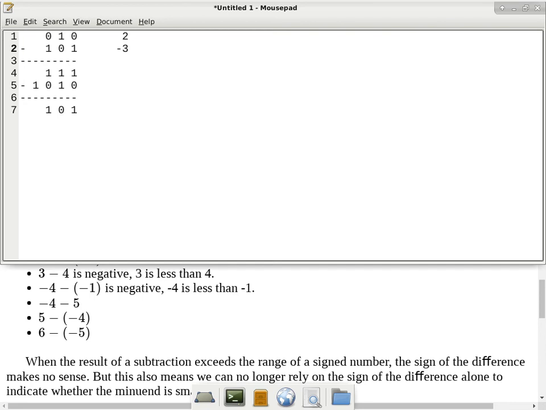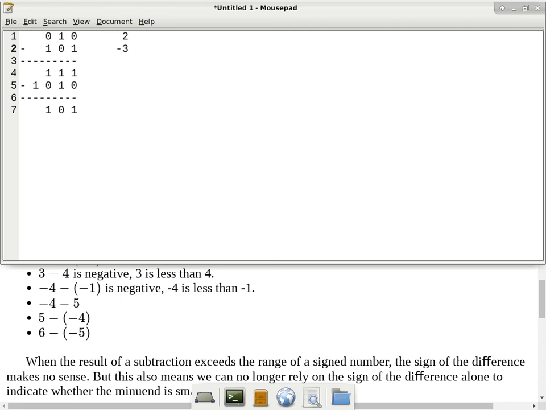Where's that 5 on the number wheel? In signed interpretation, there's no 5 on the number wheel. In other words, we came up with a quantity that could not be represented using only 3 bits. That's the problem. So that's why this condition is also called an overflow condition.